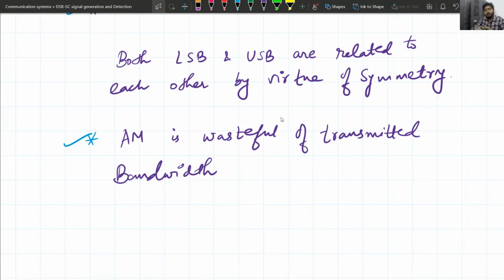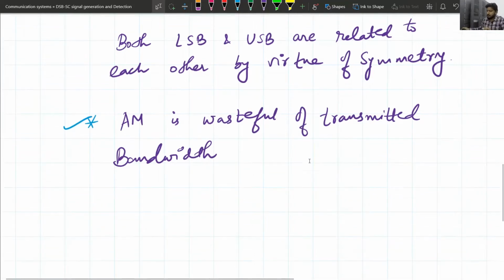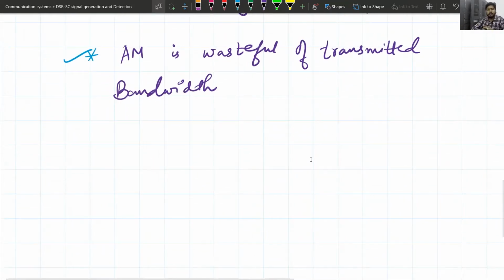So to overcome these limitations, certain other forms of amplitude modulated signals are there.